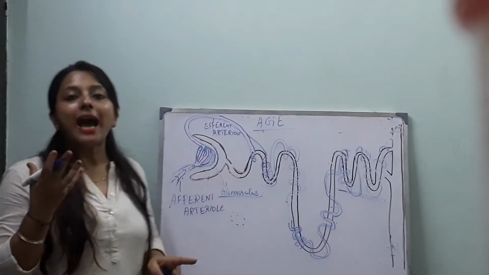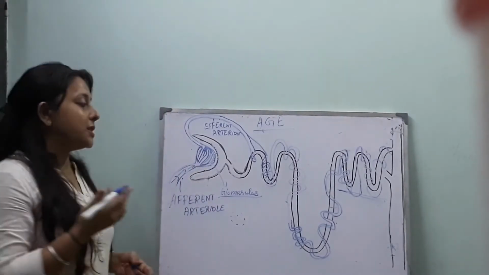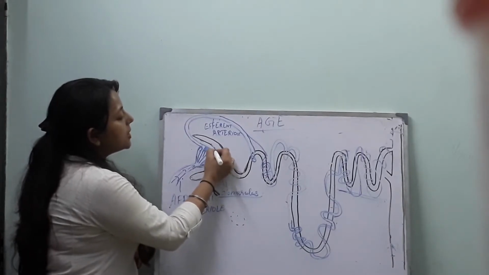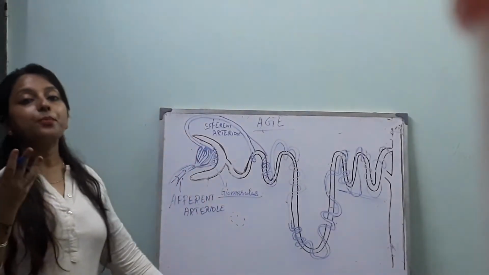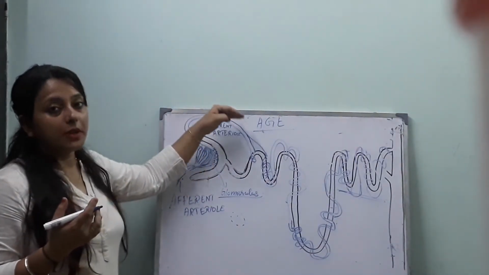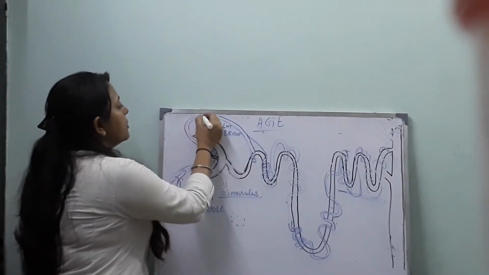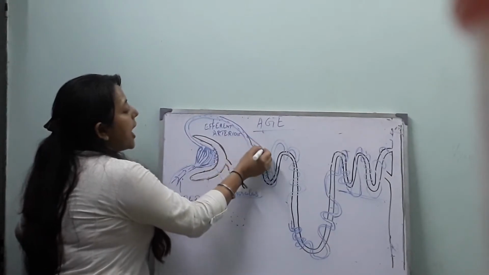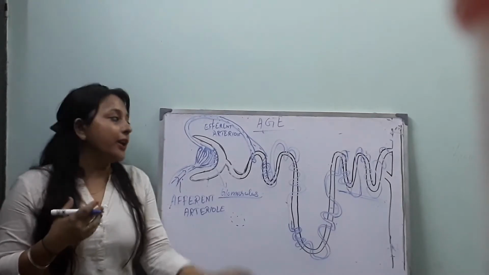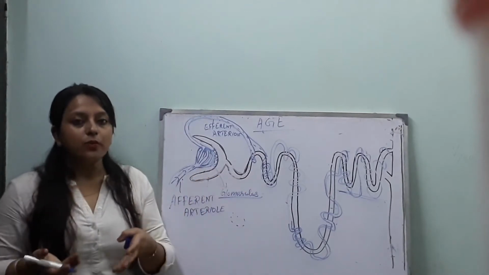Small particles like ions, urea, glucose and water molecules are filtered here. Large particles like proteins and blood cells remain in the blood and come out from the Bowman's capsule through the efferent arteriole. Some useful substances are again reabsorbed by different parts of the nephron, and waste products come out of the body.